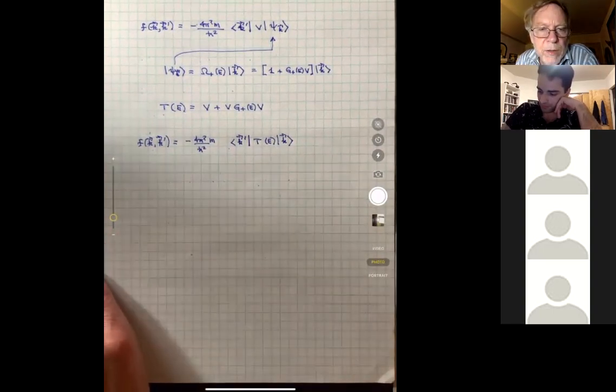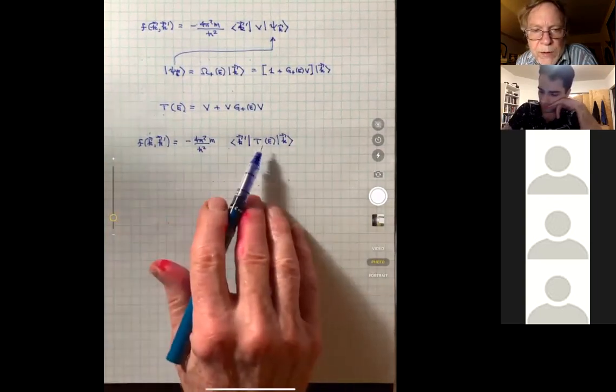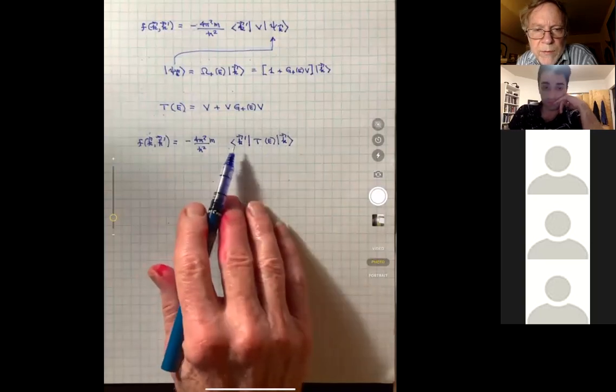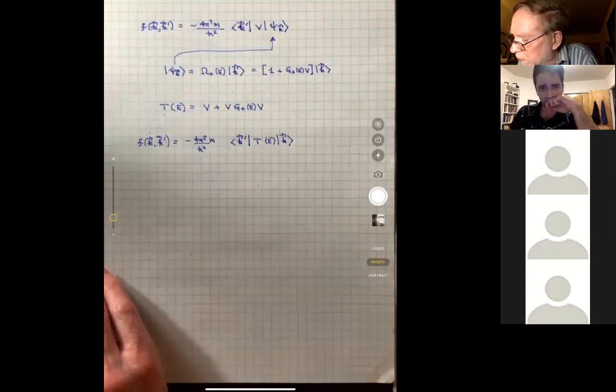So this is a way of saying that all of the interesting stuff about the scattering amplitude is captured by this T operator. We just need to take its matrix elements between plane waves, incident and scattered waves, and we get the scattering amplitude with this extra constant factor included.